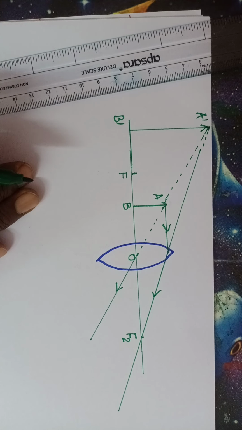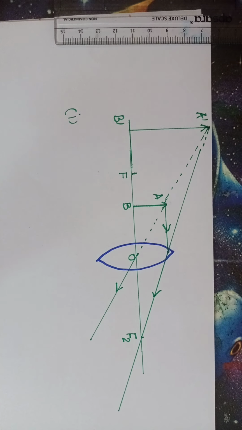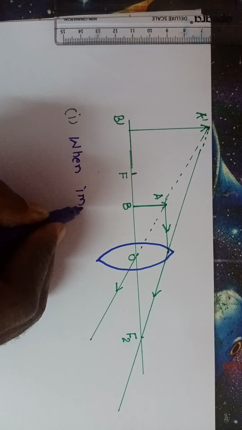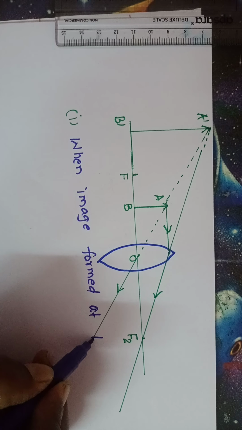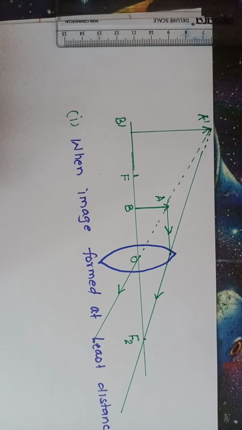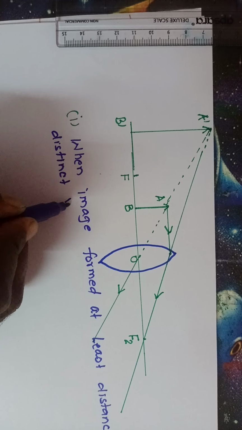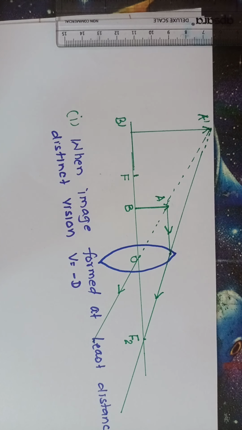Now, first case, when the image is formed at the least distance of distinct vision, V equal to minus D. This is minus V, and the magnification formula we know.